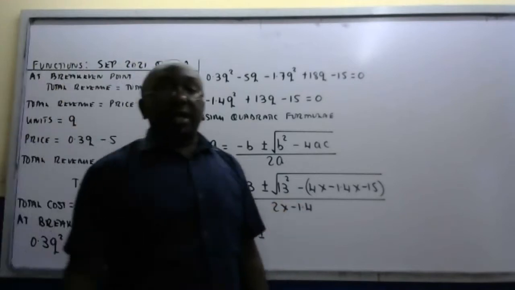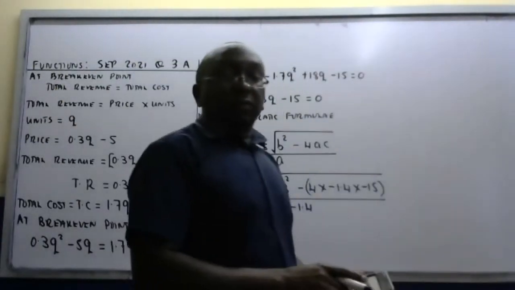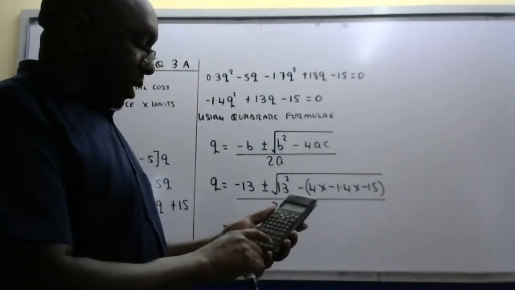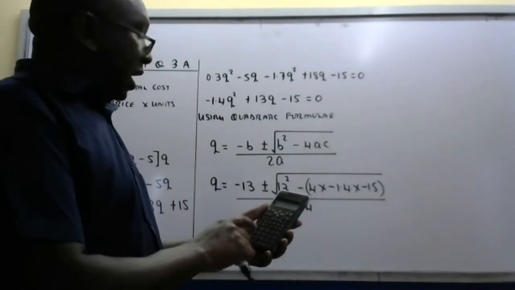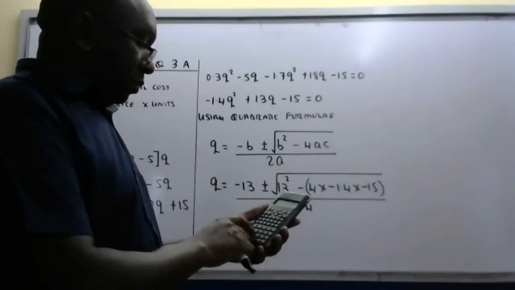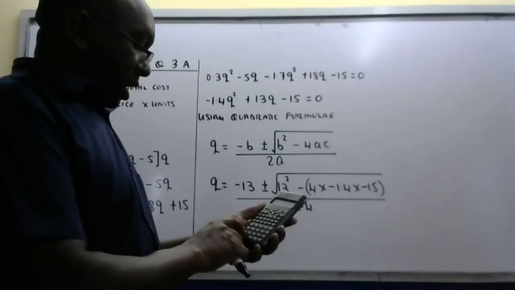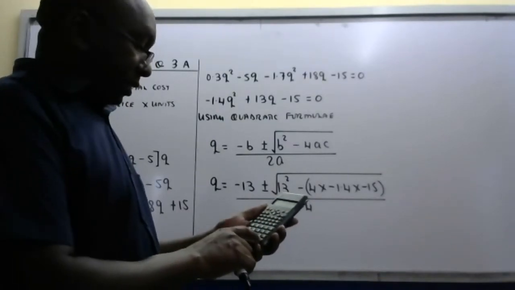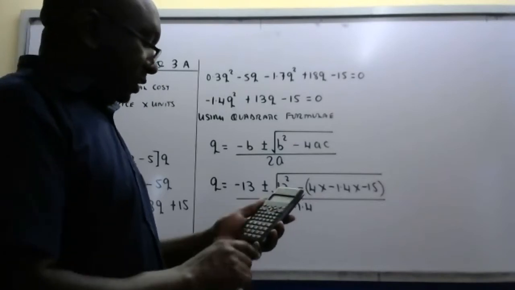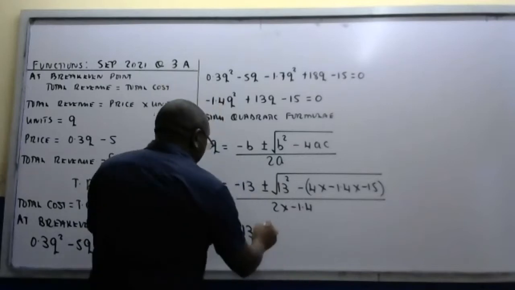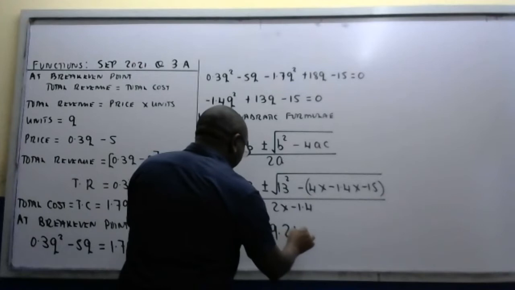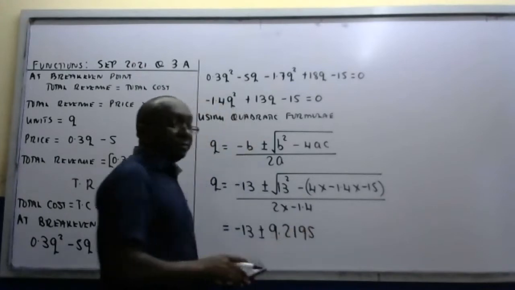So if you take your calculator, you will say 13 squared minus, in brackets, 4 times minus 1.4 times minus 15, close the brackets, equals 85. Get the square root of that answer. You get 9.2195.